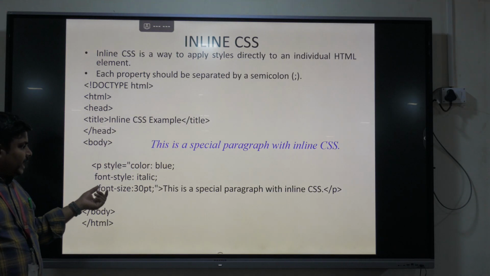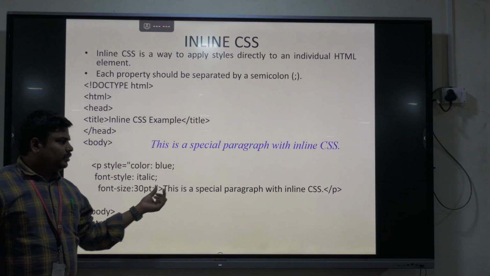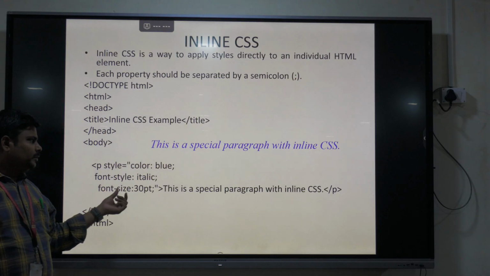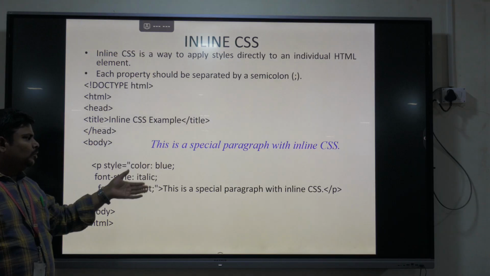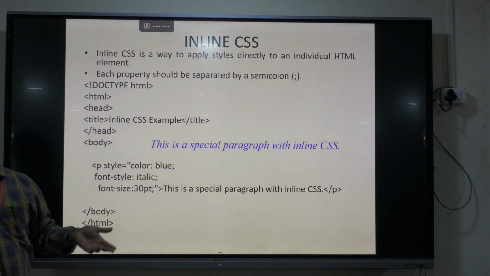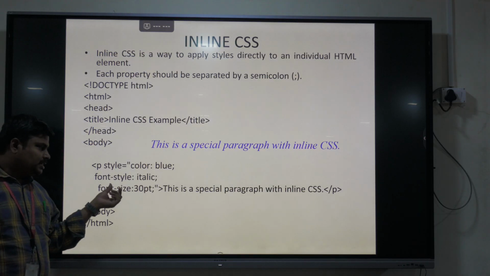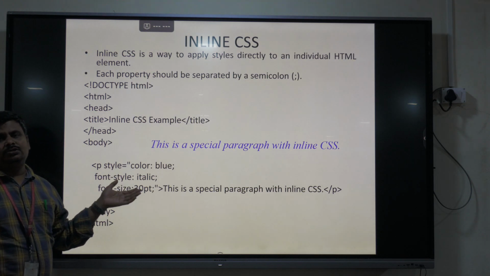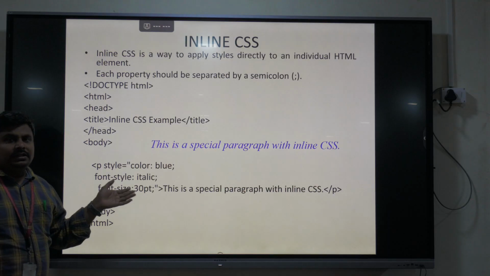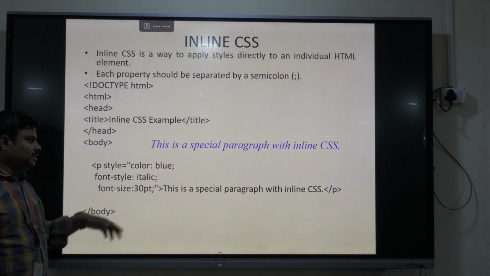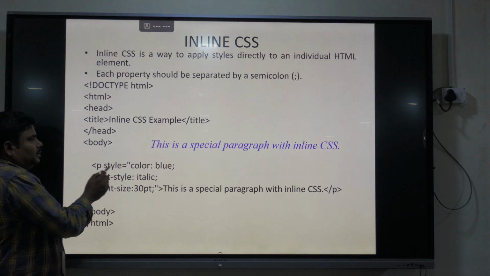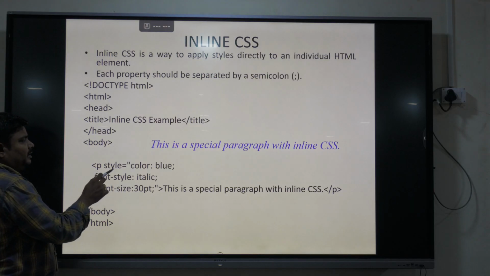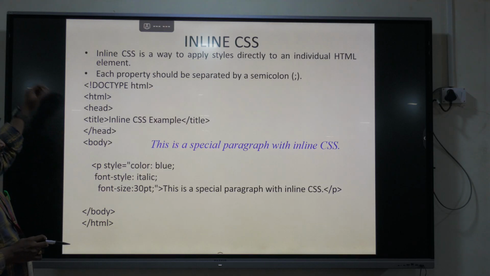If you run this HTML file in a browser, there will be no color or anything. But if you want to add some color or apply some different styles to a paragraph, then we can do it in the tag itself. How do we write that? With the help of the style attribute.